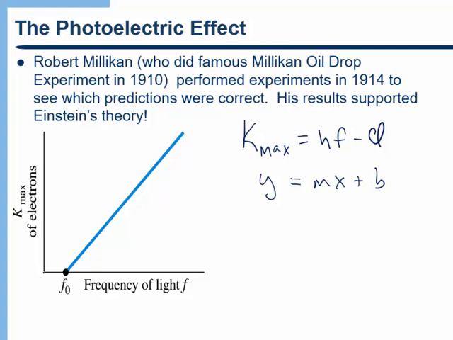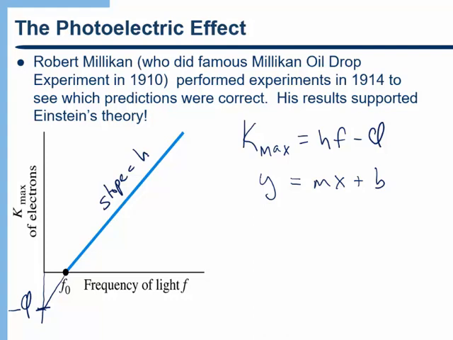So in other words, you'll notice that the y-intercept would be negative phi, and the slope of this would be h. And so it turns out that Einstein was correct that when light interacts with metal, it is the interaction of individual photons with individual electrons in the surface that explain the photoelectric effect.